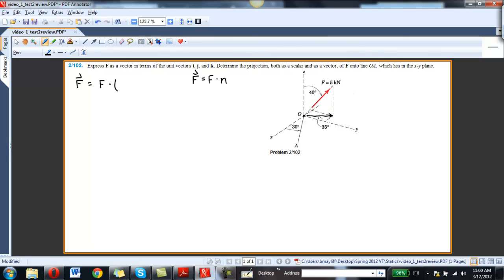So we'll first have to find this F, which we'll call Fxy, and that's going to be equal to the cosine of 50 times F, because we know that this angle here is 50. And Fz is going to be F sine 50.